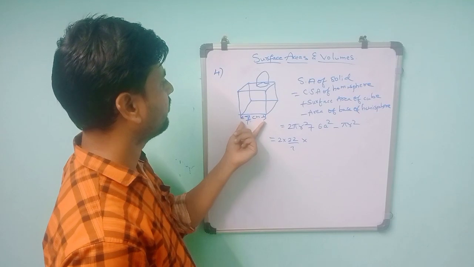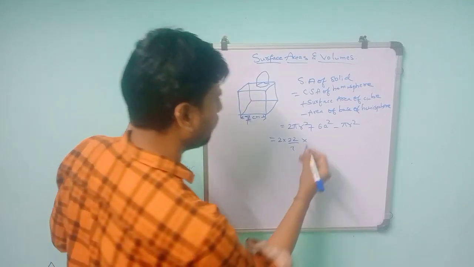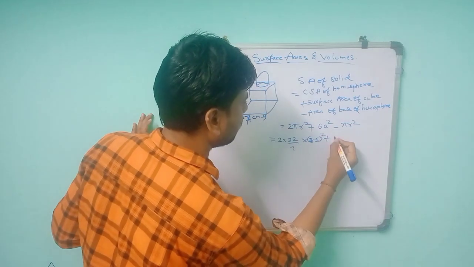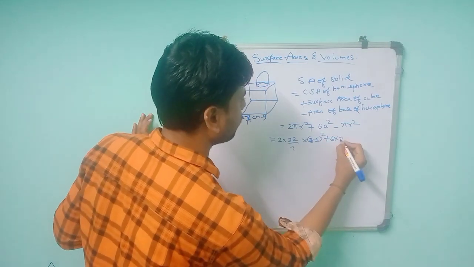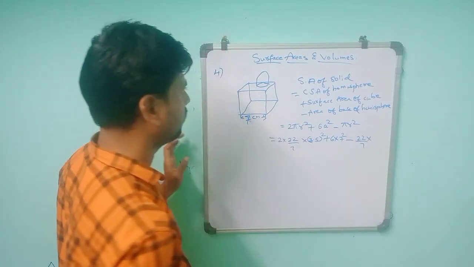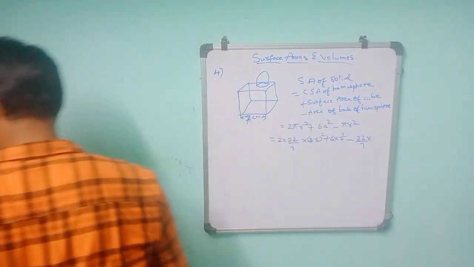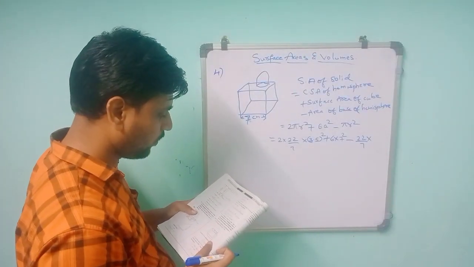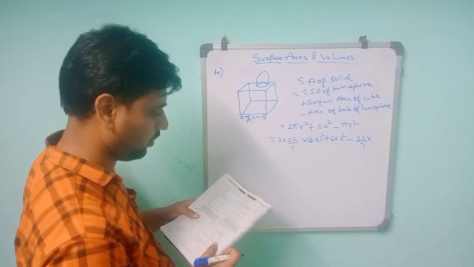So 7 centimeter is the edge, and the radius will be 3.5. Then plus 6 into 7 square minus 22 by 7 into 3.5 square. The greatest diameter of the hemisphere is the length of the cube's edge, that is 7 centimeter.